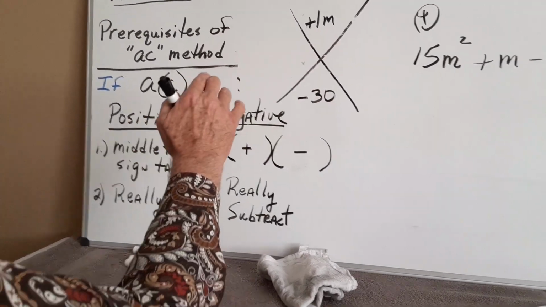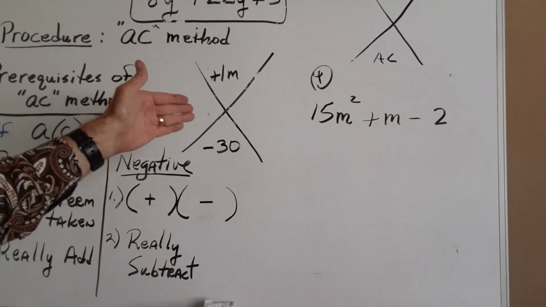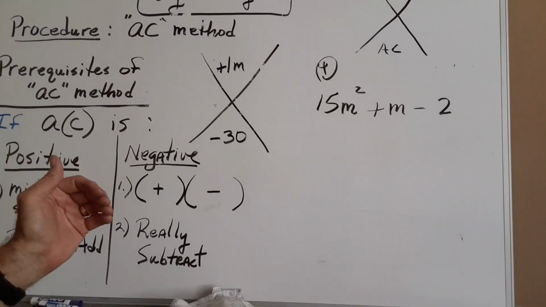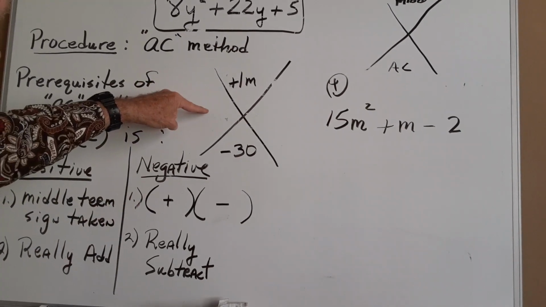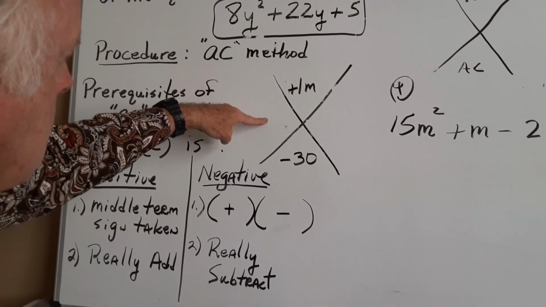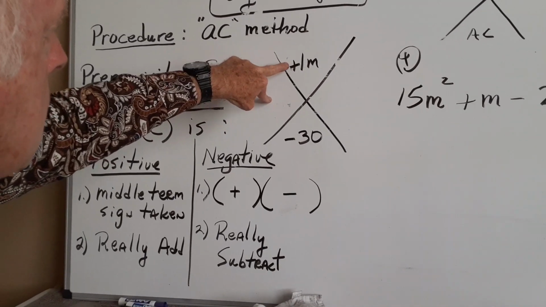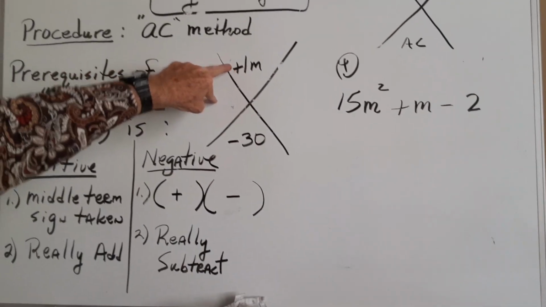Now, I told you some minutes ago, it doesn't matter where you put the positive and negative. But here's a suggestion. It is not a demand, it's a suggestion. In the 9 o'clock region, always let the 9 o'clock region be whatever the sign of the middle term is.